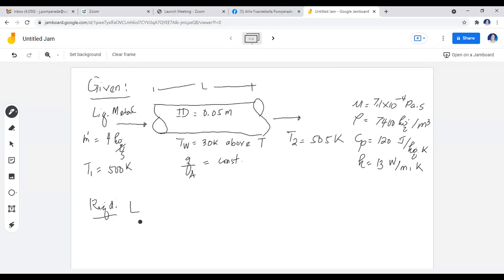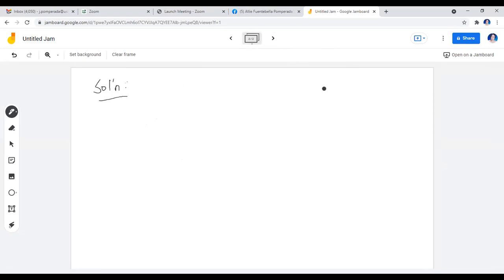That way it will lead me to the unknown, the length of the pipe or the tube. What formula would that be? You may write your answer on the chat box if the microphone is not available at your end. So what formula would lead you to the length of the tube where your liquid metal is flowing?